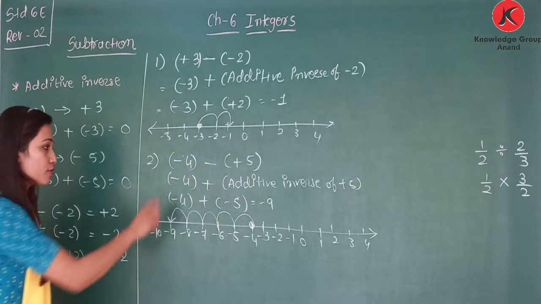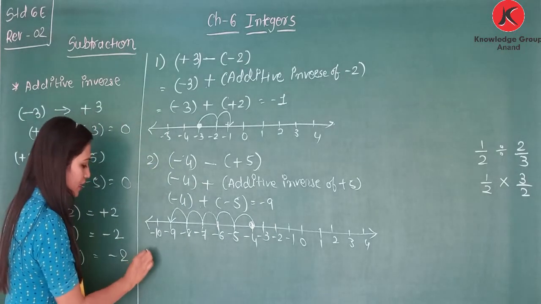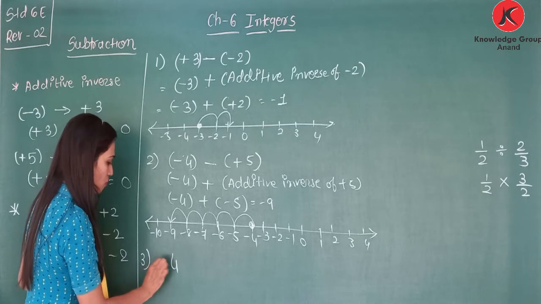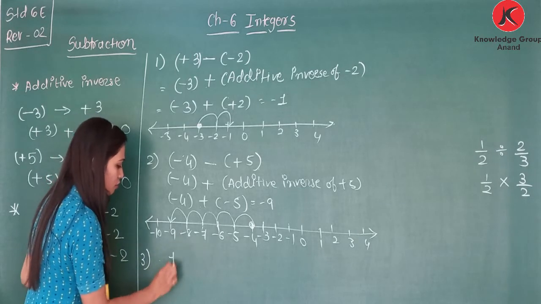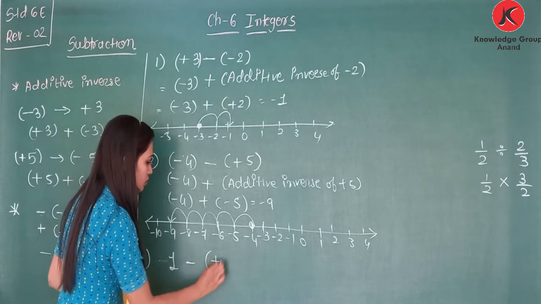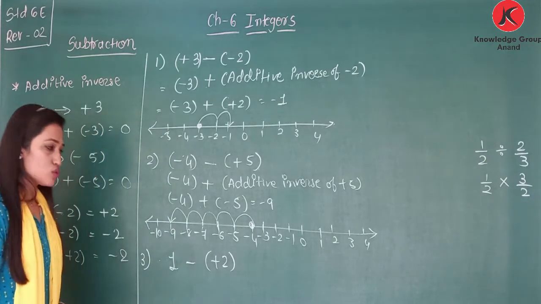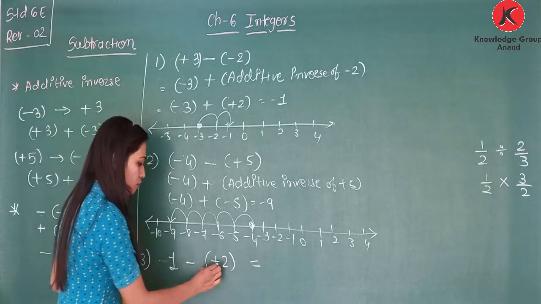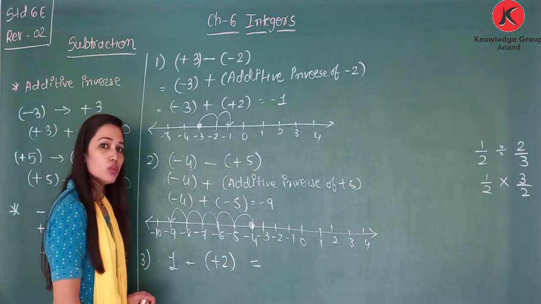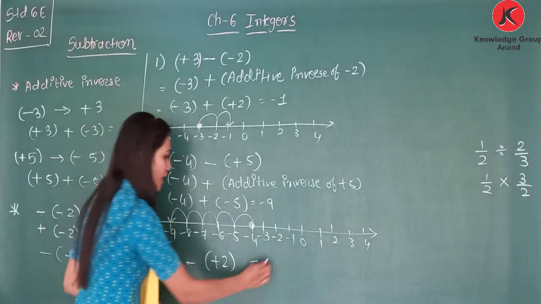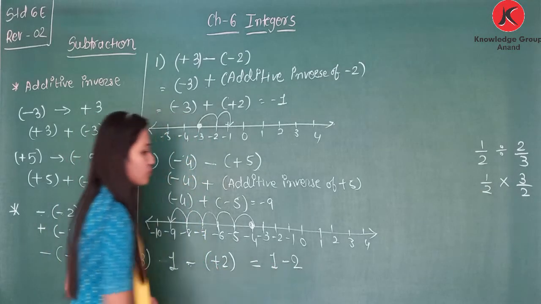Okay. Instead of these steps, you can directly write it like this. 1 minus plus 2. Here two signs are there and they are different, so minus plus becomes minus: 1 minus 2.